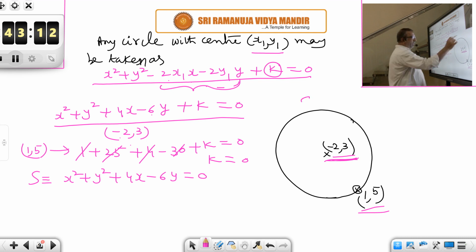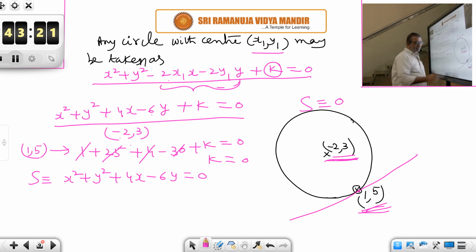Now my question is, on this circle S equal to 0, there is a point 1 comma 5. What is the equation of the tangent there? What is the equation of the tangent at 1 comma 5? Equation of the tangent at x1, y1 is S1 equal to 0.